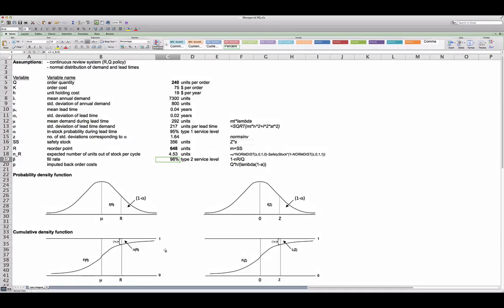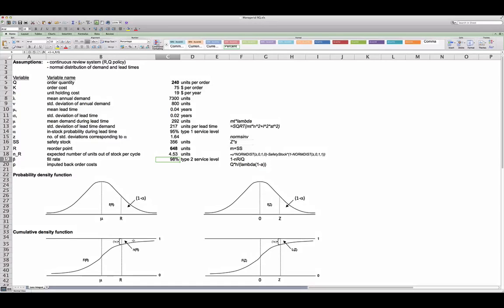And you see here, what is the probability mass 1 minus alpha in the probability density function right up here becomes this little segment to the north of the cumulative density function all the way up to the bound of 1. That is 1 minus alpha. And then the area to the right of that, to the north of the curve, that is really what we calculate when we calculate N of R, the expected stockout quantity per cycle.